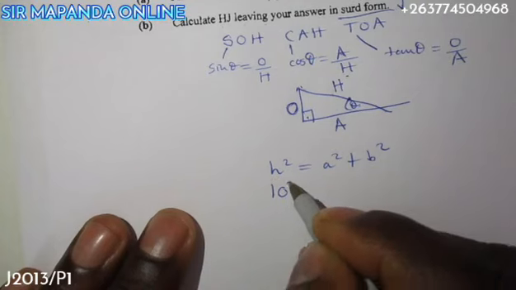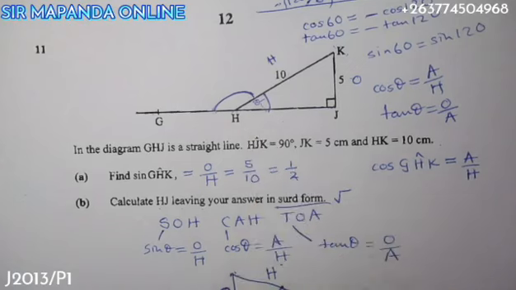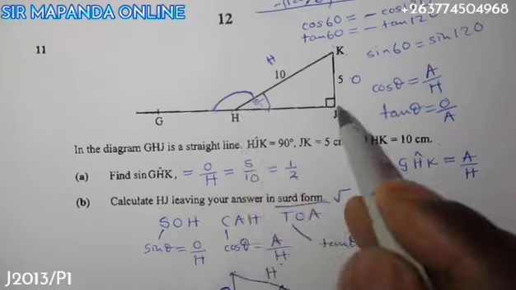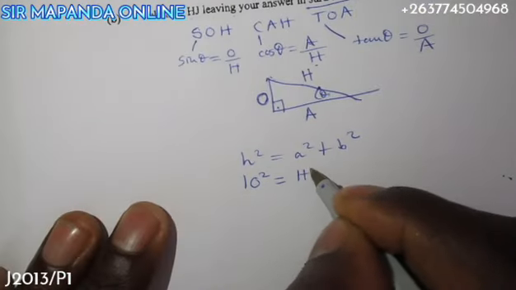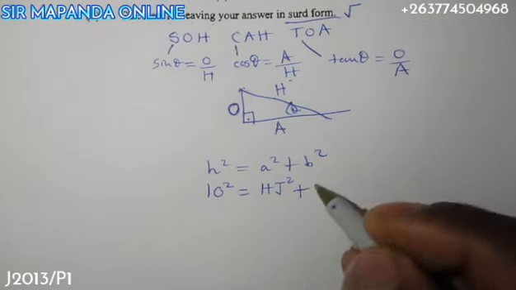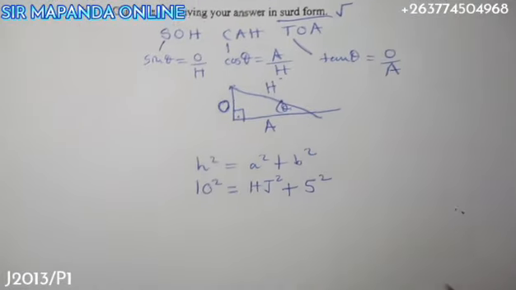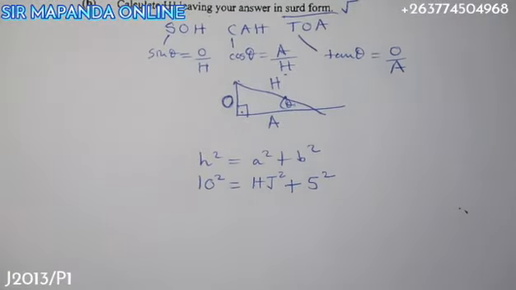So I'm going to say 10 squared is equal to HJ squared, which is the required side, plus the other side, 5 squared. For Pythagoras theorem, you just need to make sure that on the left side you put the hypotenuse, right?